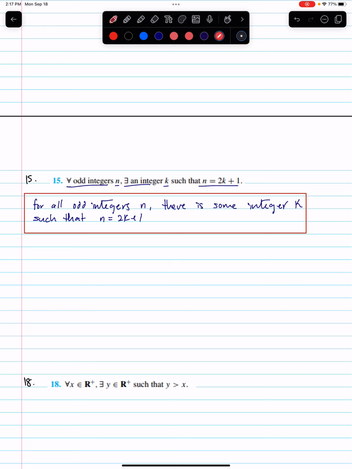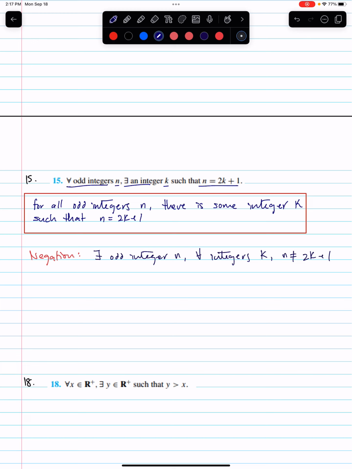For the negation, you could say there exists some odd integer n, where for all integers k, n does not equal 2k plus 1.